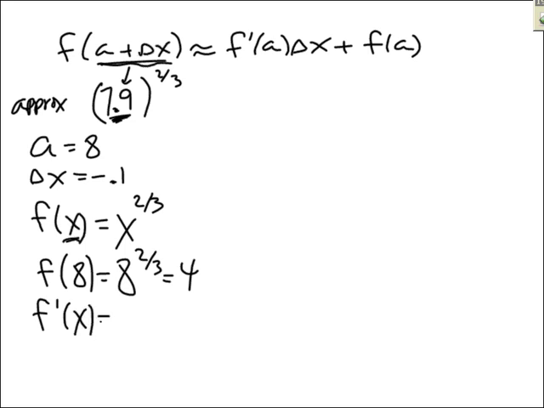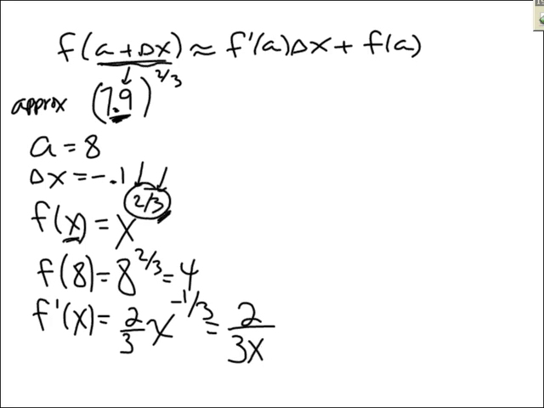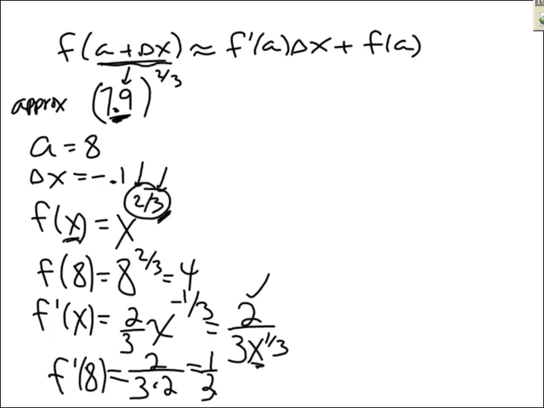Bring the power down: 2/3 times x to the 2/3 minus 1, which is x to the negative 1/3. This is the same as 2 over 3 times the cube root of x. Then f prime of 8 will be 2 on top, 3 on the bottom, and the cube root of 8 is 2. So the answer is just a third. The 2's cancel out.